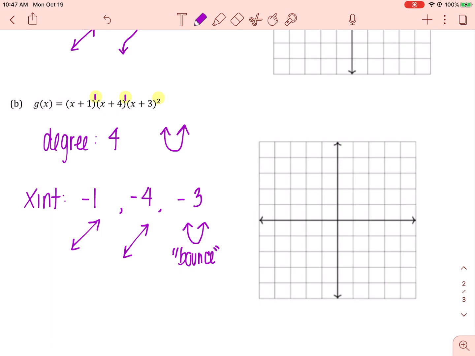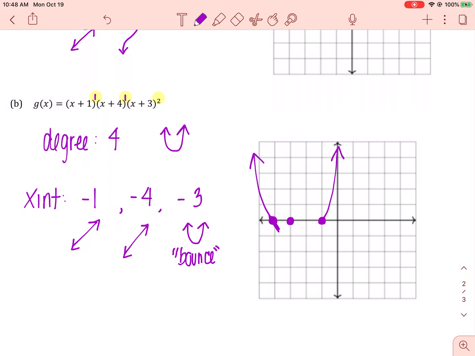So 1, 2, 3, 4. Here's -4, -3, -1. Okay, it is an even positive function, so I know this will be the ending behavior. Now I need to look at each specific x-intercept. At -4, it's going to go through.